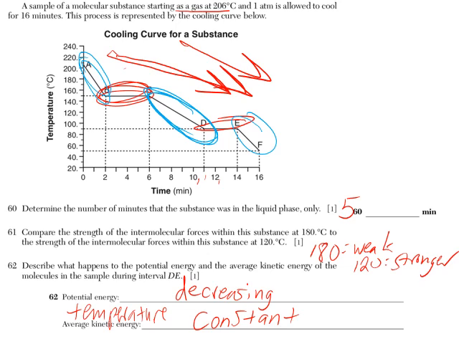So potential energy here is decreasing because kinetic energy is constant. Just look for what's happening to the temperature, because that's the one you can clearly see on these curves. Potential energy doesn't tell you anything. Kinetic energy is temperature, so you can always see what's going on there. And if kinetic energy is not changing, potential energy has to be the one that is. So kinetic energy is constant, potential energy going down.